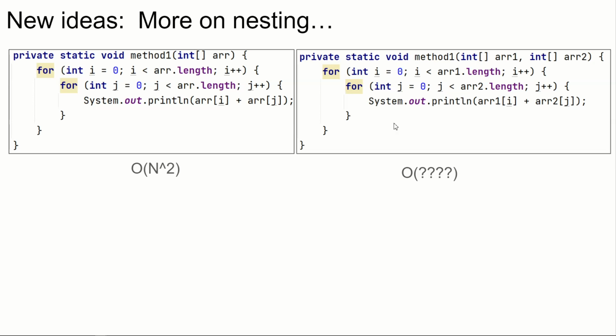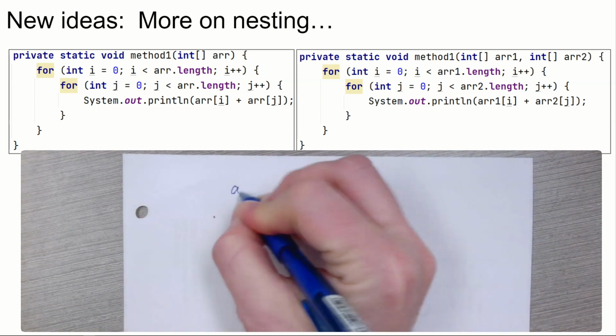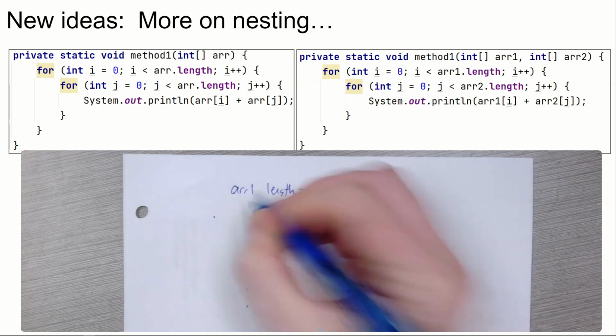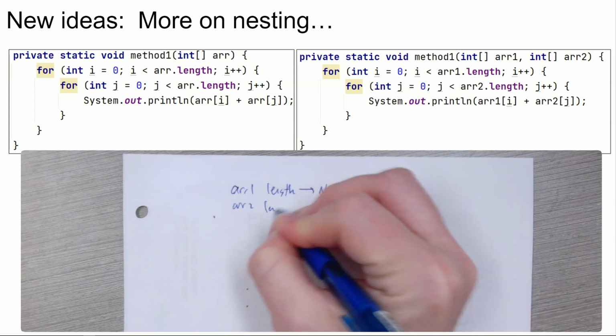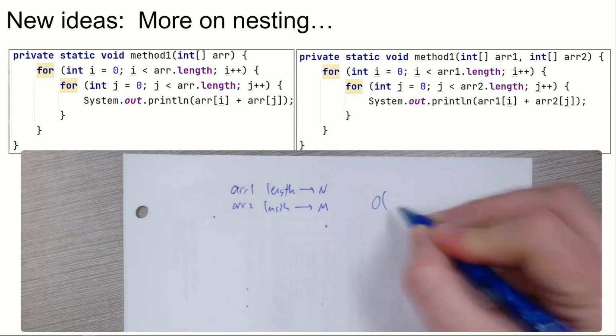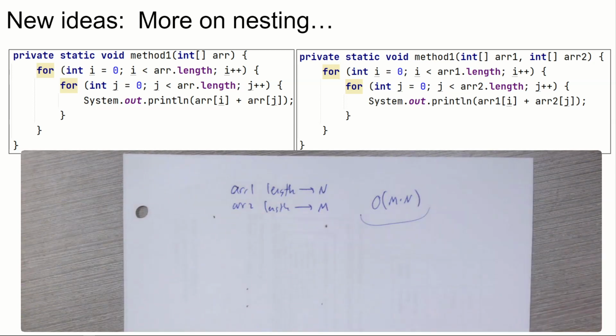If the number of steps your program requires depends on 2 different things that can grow, you just give names to each of those things. So here I would say, let's say array 1 length, I'm going to call that one n. Array 2 length, I'm going to name as m. And the big O is just m times n. And that's totally normal.